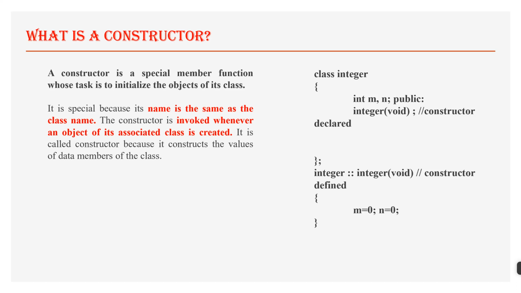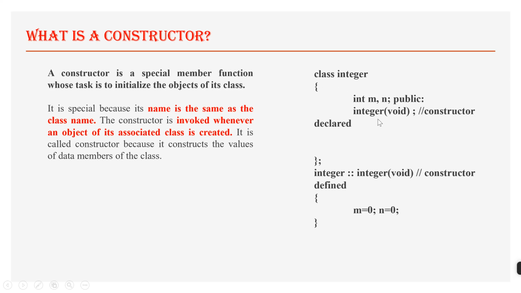It is special because the name of the function is the same as the name of the class. This is one important point which everybody should remember. Whenever you define a constructor, the name of the function must be the name of the class itself. That's a rule. For example, here it is class Integer.